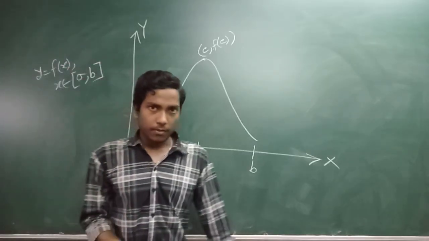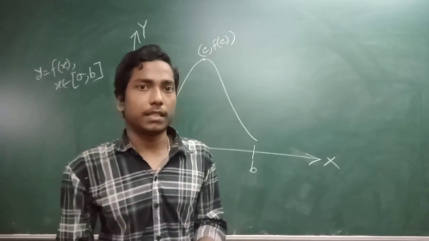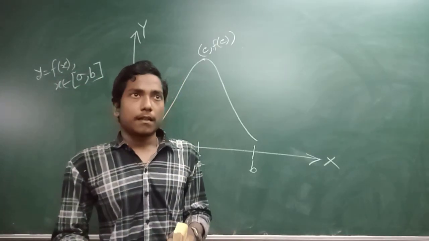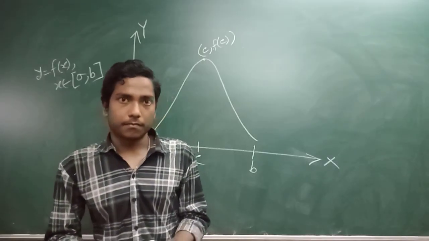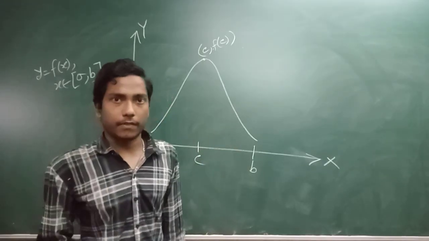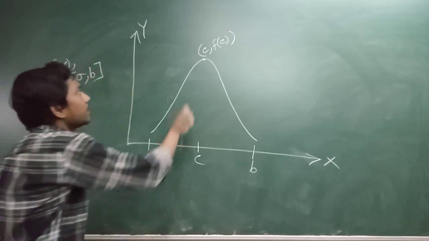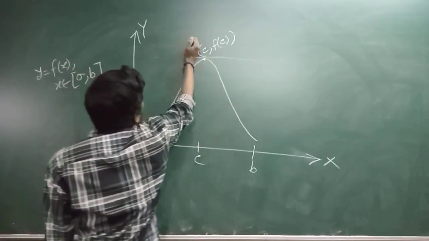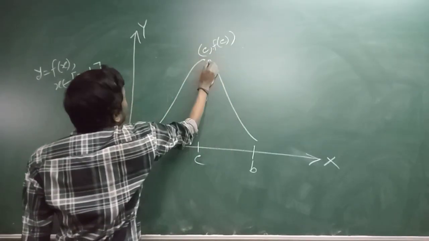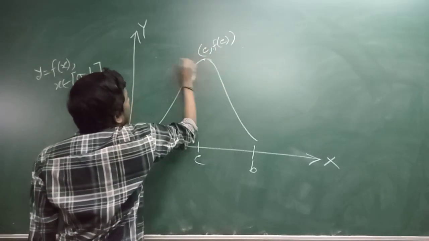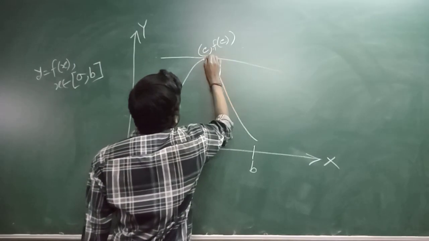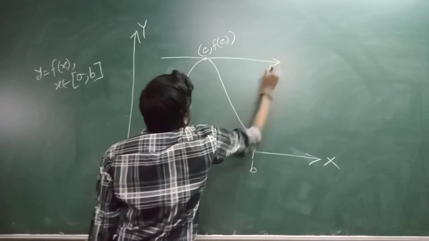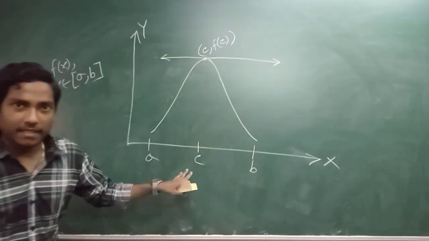Now you know about the derivative of a function. So what is the geometrical meaning of derivative? Geometrically, derivative of a function means the slope of tangent at a given point on that function. So if we draw a tangent at this point, this tangent is parallel to x-axis.